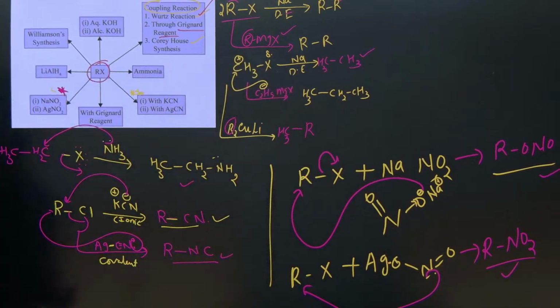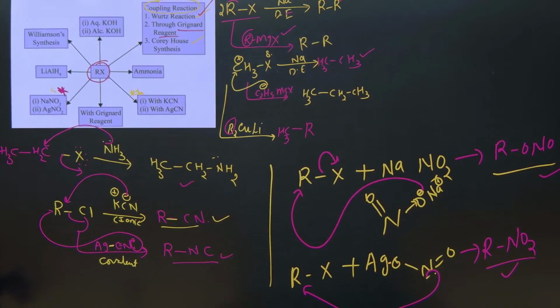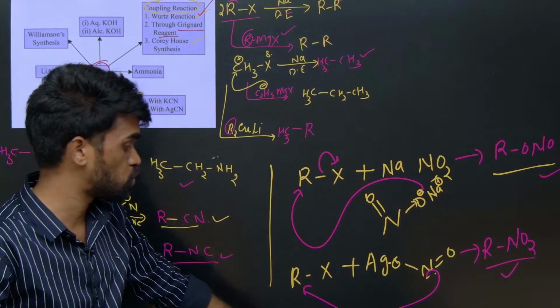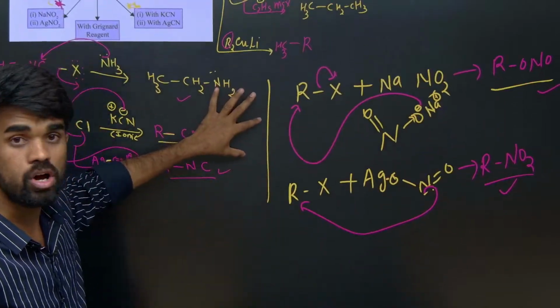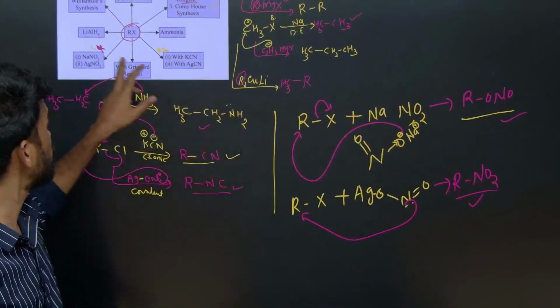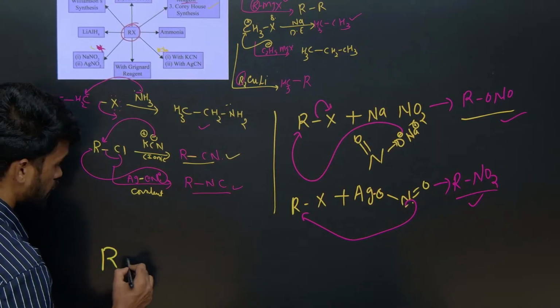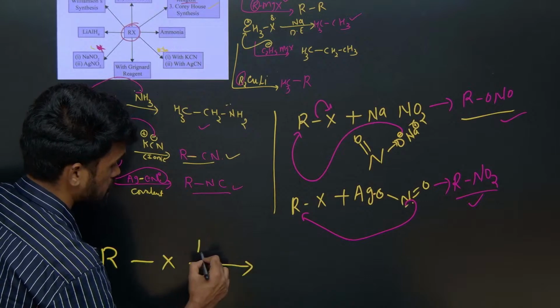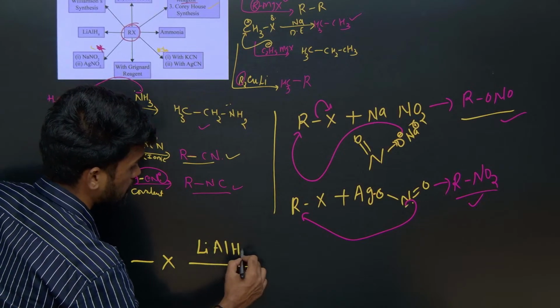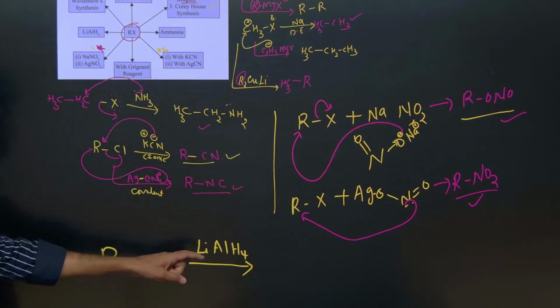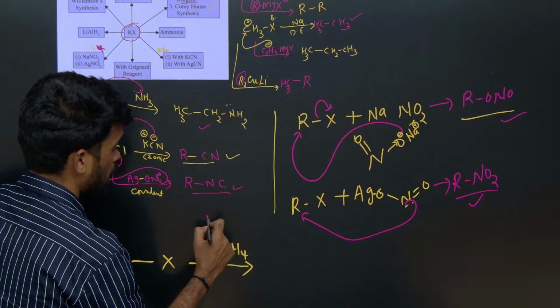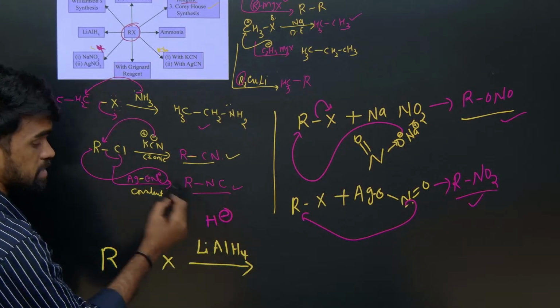Okay. Next, when we treat alkyl halides with lithium aluminium hydride, we know lithium aluminium hydride and sodium borohydride are strong reducing agents. Lithium aluminium hydride is the stronger reducing agent. In chemical reactions it acts as a source of hydride ion, donating H minus, so H minus is the nucleophile.